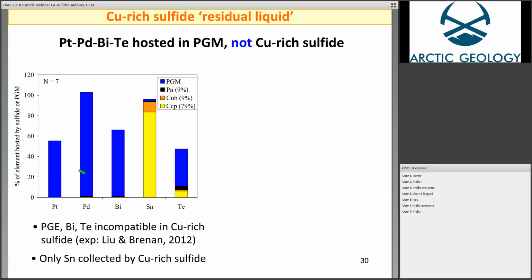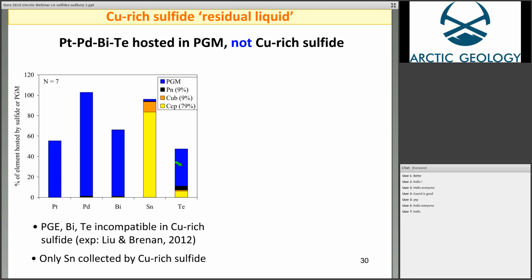So here again are the results of the laser for the mass balance for the elements of interest: platinum, palladium, bismuth, tin, and tellurium. In yellow and black are your sulfides, and you can see that only tin is essentially hosted in your sulfides. All of the other elements are just not hosted at all by your sulfide minerals.